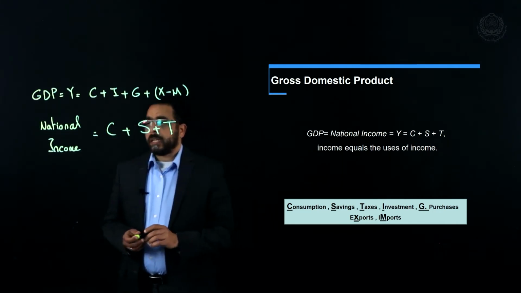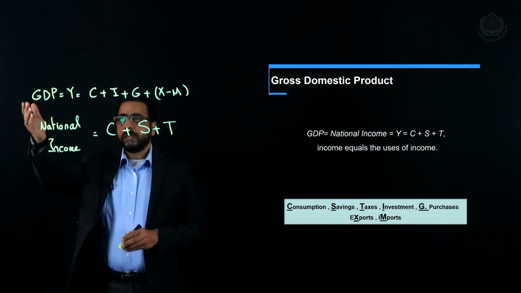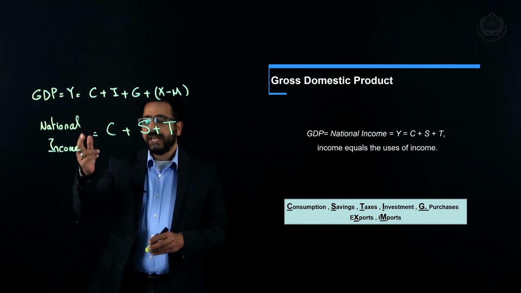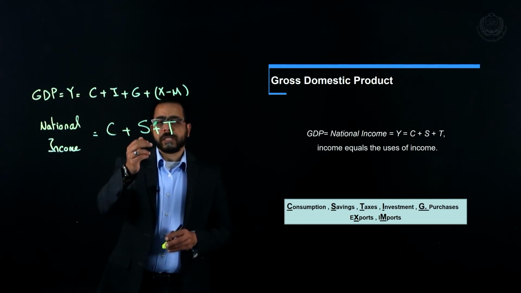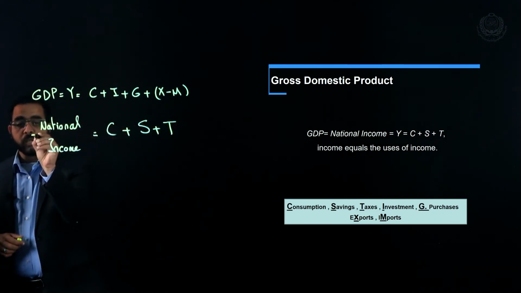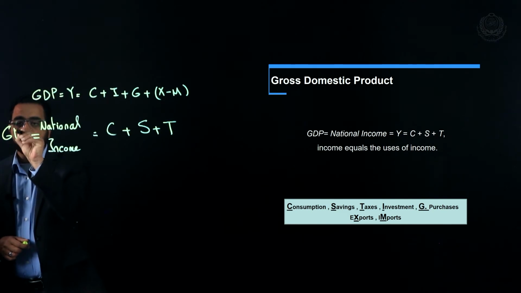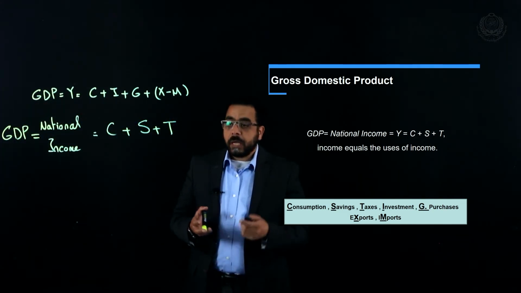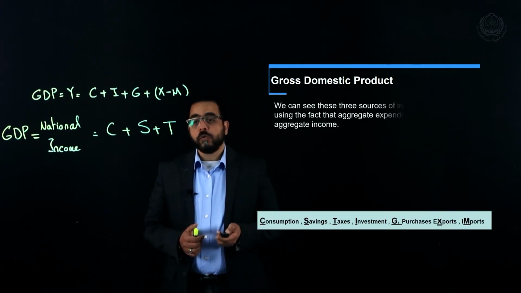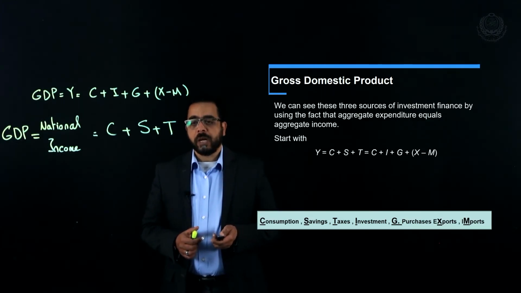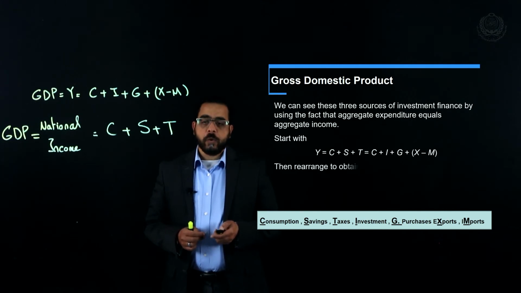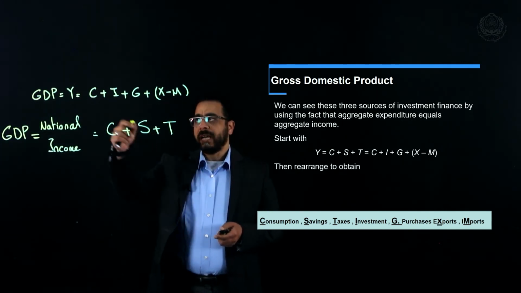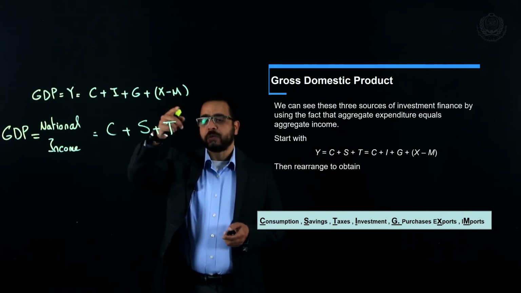So as you can see here, GDP equals C plus I plus G plus X minus M. National income will equal C plus S plus T, and we know that national income is also equal to the GDP. So I can equate the two equations, and I will end up with this equation where C plus S plus T equals C plus I plus G plus X minus M.